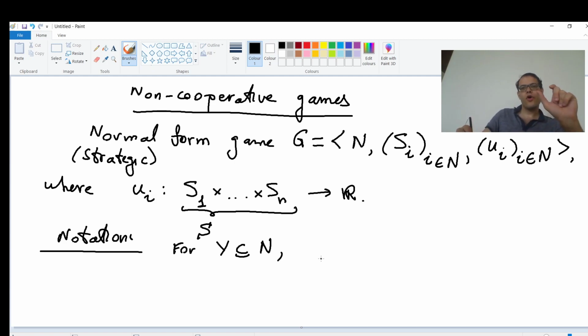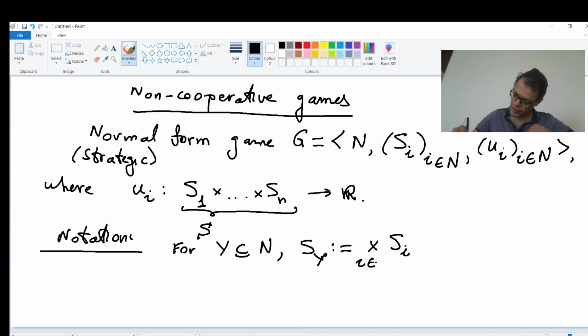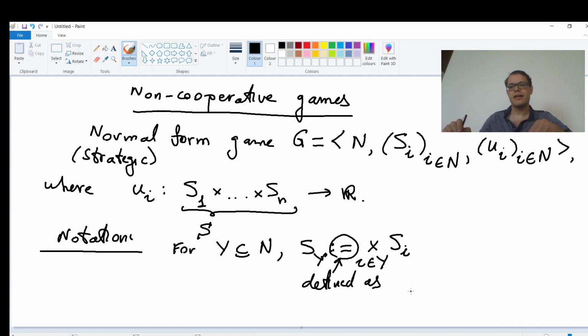Then the product of only the strategies of these players, we denote it by S subscripted by capital Y. So this is defined as simply the Cartesian product of all S_i over players in Y. This is what I write for defined as, just like the old syntax of Pascal. So basically that's one notation.